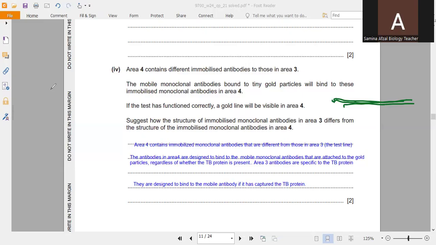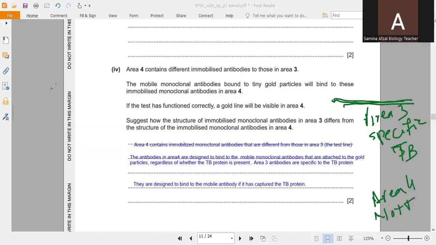Area 4 antibodies are not specific to TB. They are designed to bind to the mobile antibody directly, regardless of whether the TB protein is present or not. Whereas area 3 is a special parking spot only for TB protein.